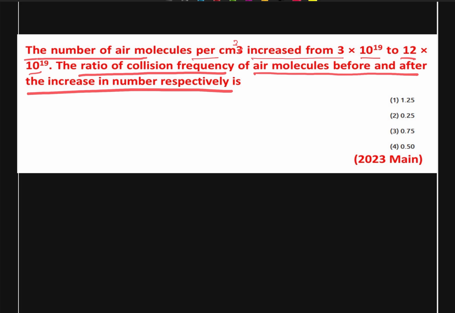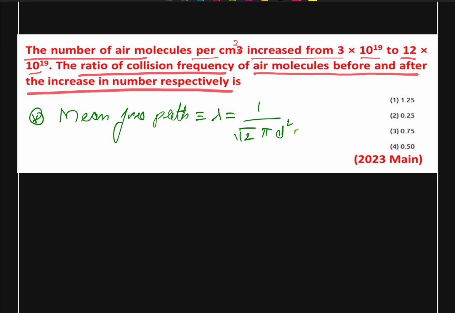And we know that our mean free path, which is lambda, is given as 1 upon square root of 2 pi d square and n.